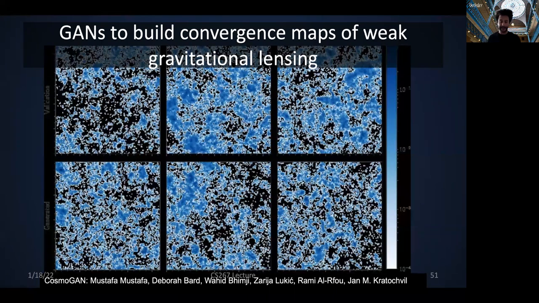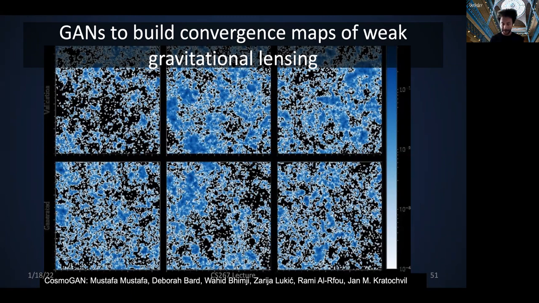And the important thing, it doesn't matter what the actual application is, the output of these GAN-based methods was physically realistic, meaning it was statistically indistinguishable from the output coming from the detailed simulations.